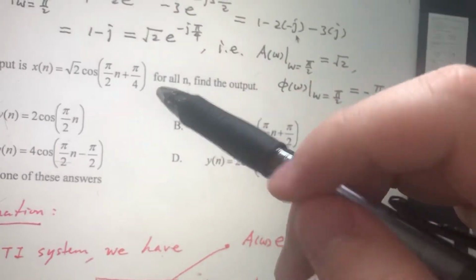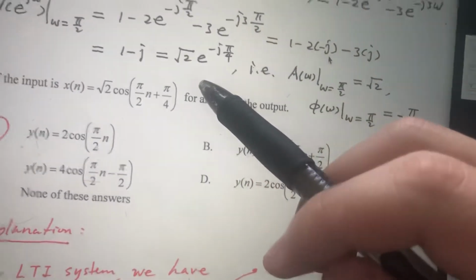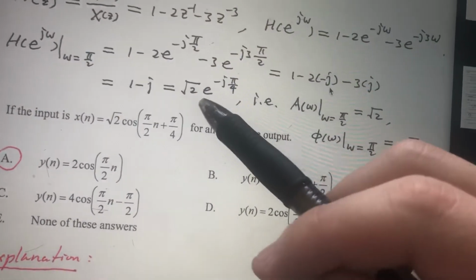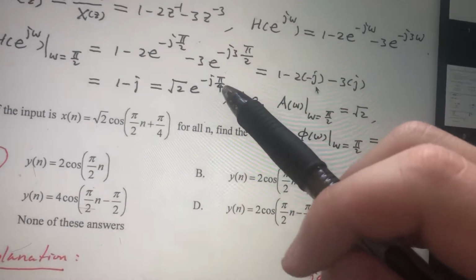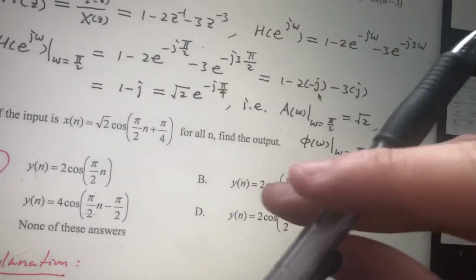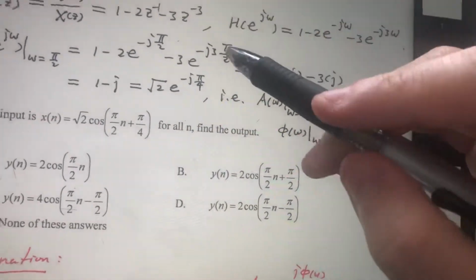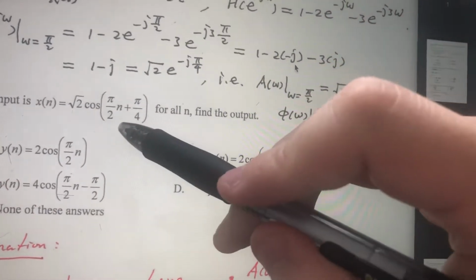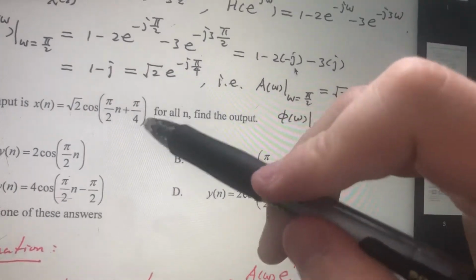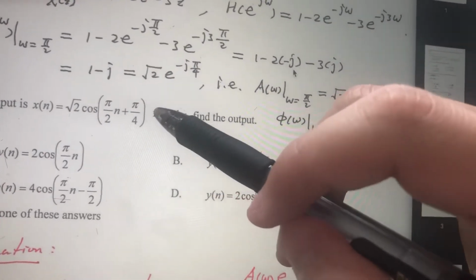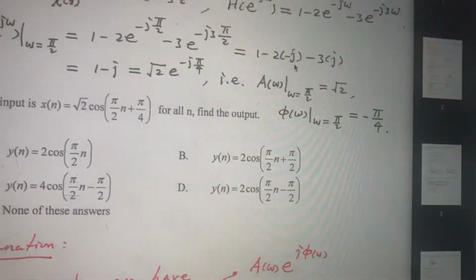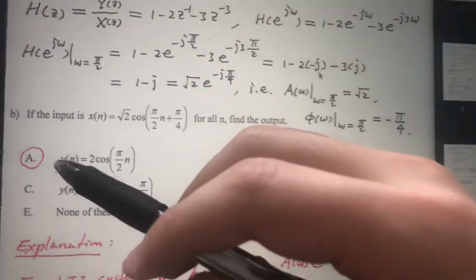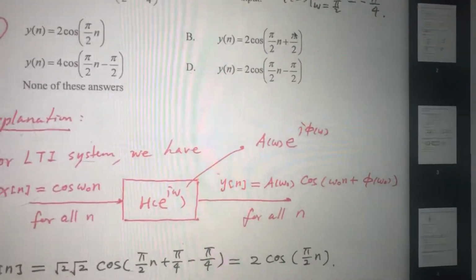So let's look at the letter one, e to the power of minus j times pi over 4. That means it needs to be an angle of 45 degrees. So pi over 4 plus pi over 4 is pi over 2. So that's it. That's it for problem B.